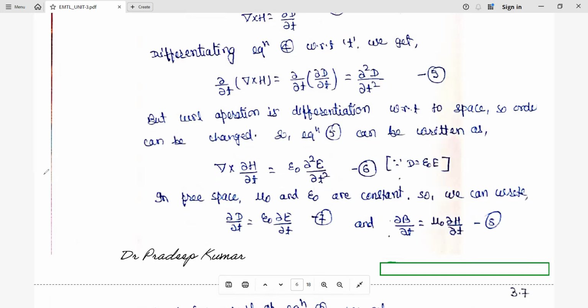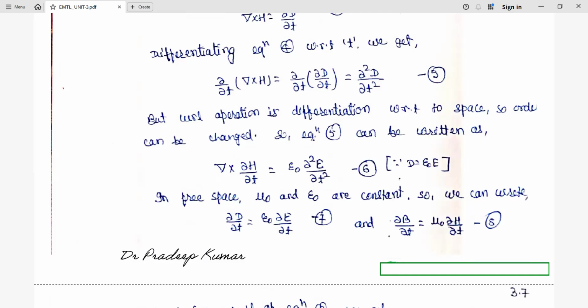So now we are going to differentiate equation 4 with respect to time. So here again dou by dou t of del cross H equals dou by dou t of dou D by dou t. And finally, this D is what? Epsilon E. This curl operation is differentiation with respect to space, so the order can be changed here.